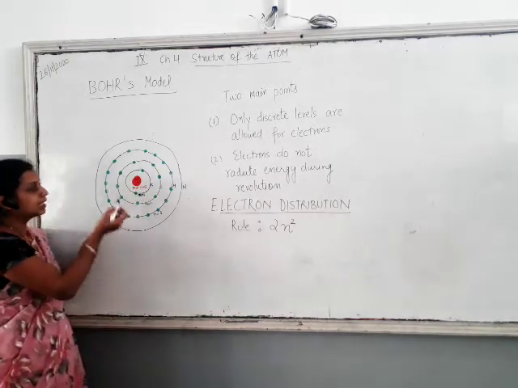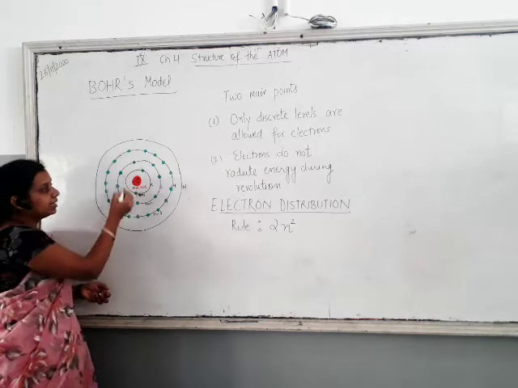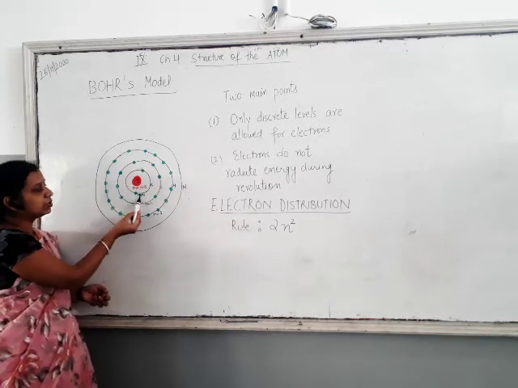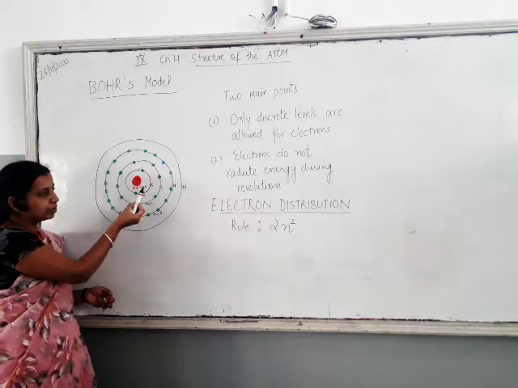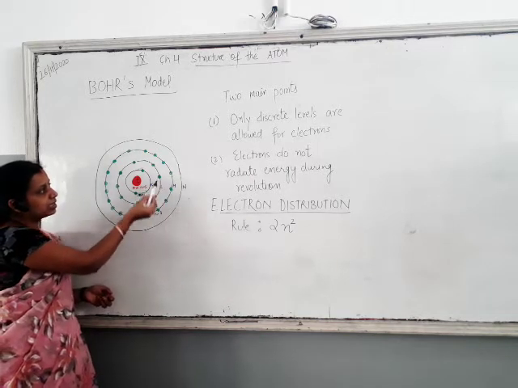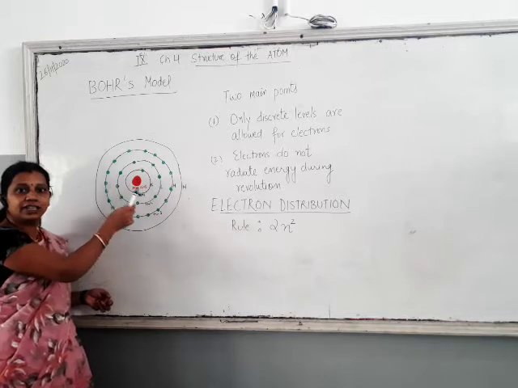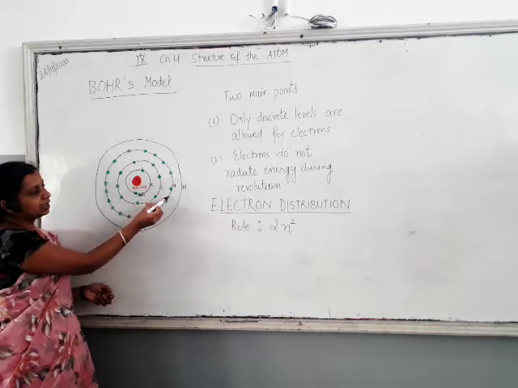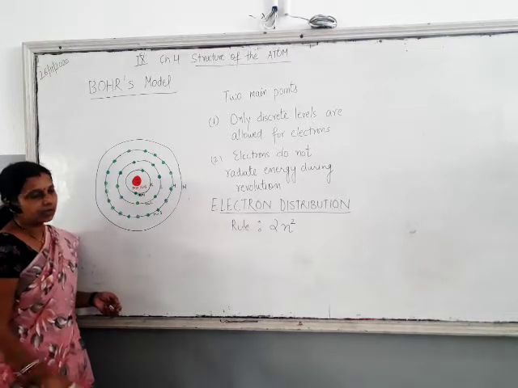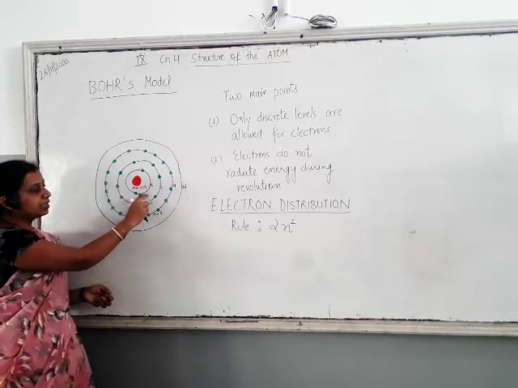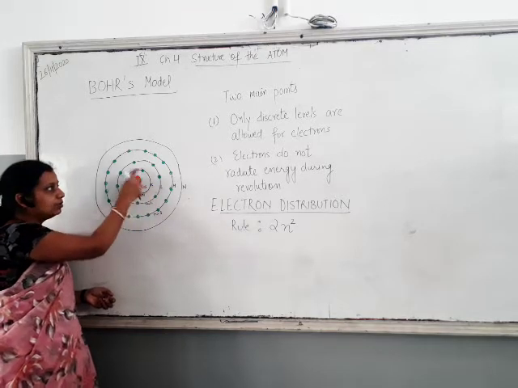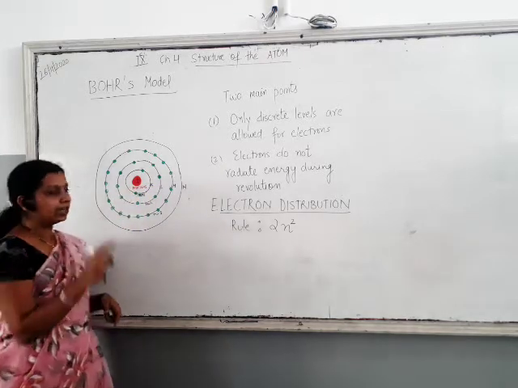And electrons are in different orbits. These different orbits, these round paths that you are seeing, are different shells. So this is your first shell, second shell, third, fourth, like that. So n equal to 1 means the first shell. The innermost shell is known as K shell.